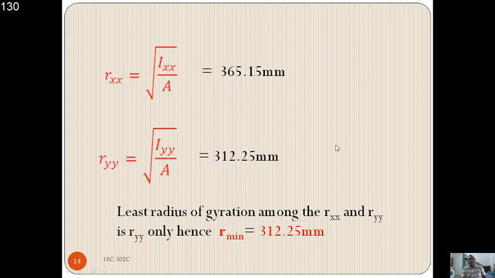The formula for Rxx and Ryy will be the same, just replace the Ixx and Iyy in the place of I. Substitute the Ixx and the area to get the Rxx value, and substitute the values of Iyy and area to get the Ryy value. The least radius of gyration among the Rxx and Ryy, by observation, is Ryy only. So the same thing has been mentioned as R minimum.